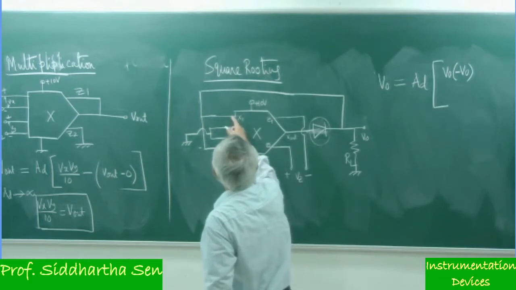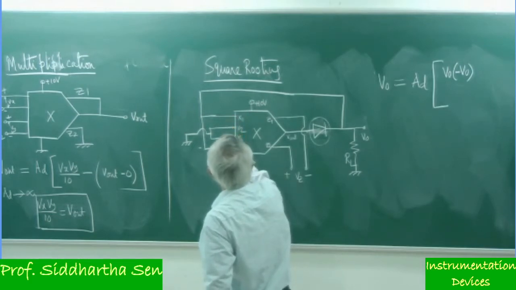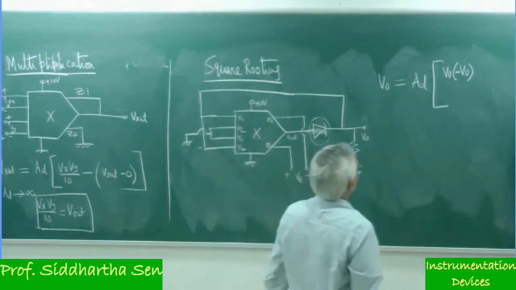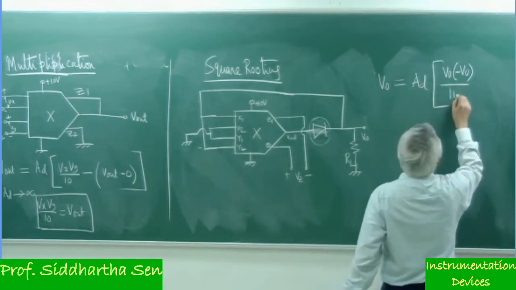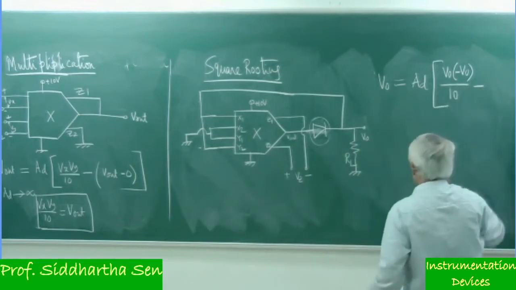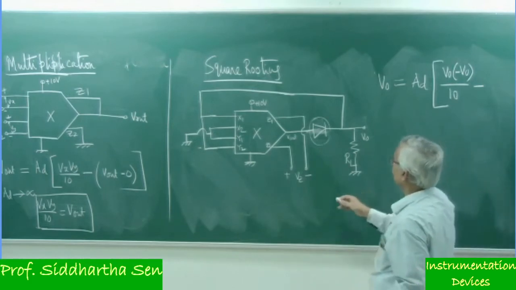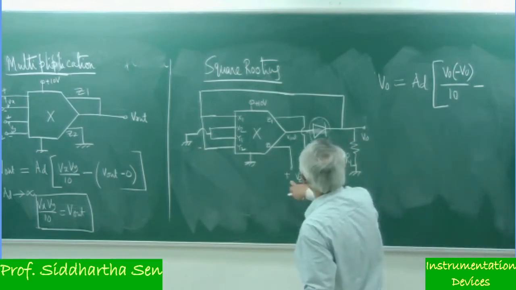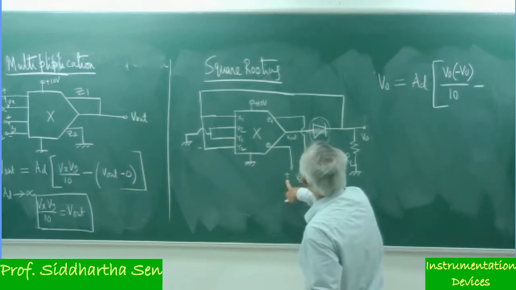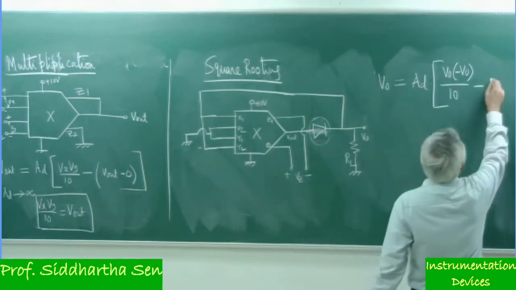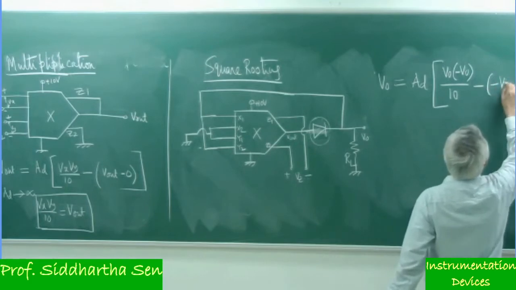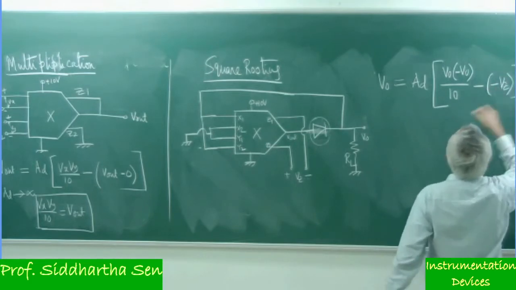So you can see here it is positive and here it is negative voltage. Divided by 10 minus, what is it? Z1 minus Z2. But in this case, Z1 is at negative potential, Z2 is at positive potential. So here it is minus of Vz. Agreed?